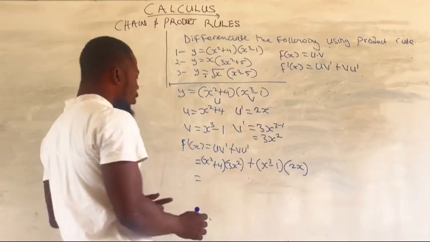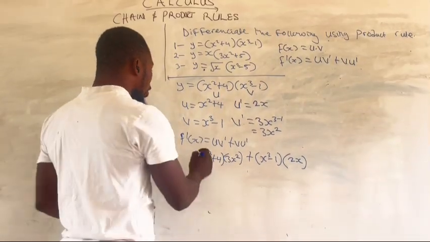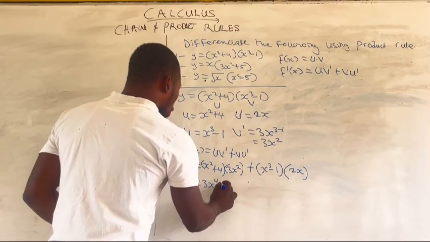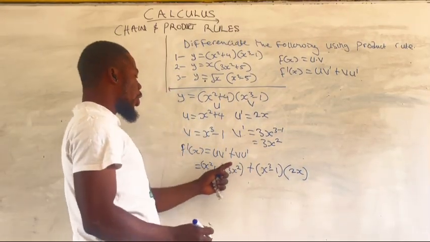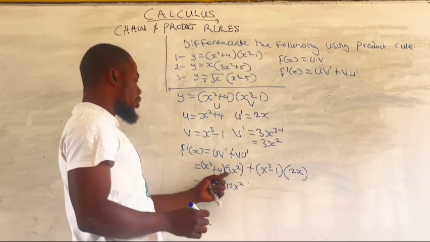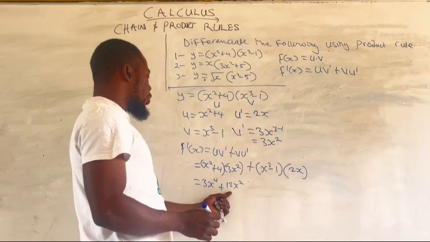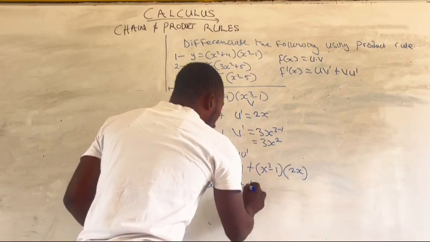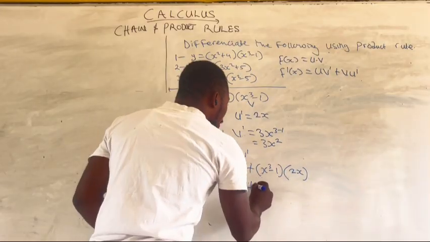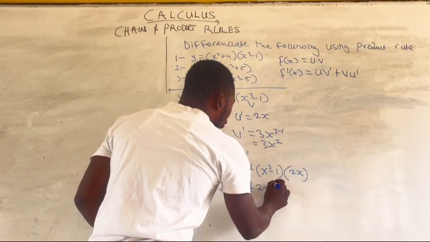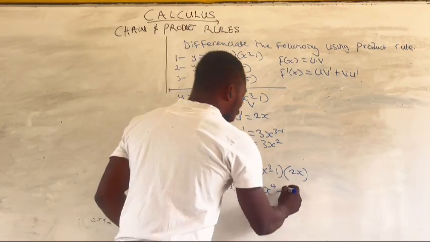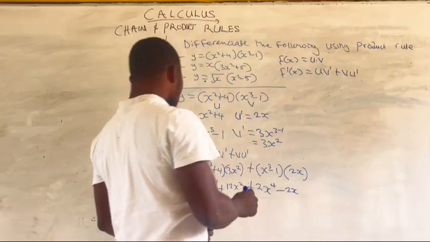Then we open the brackets. x squared multiplied by 3x squared gives 3x raised to the power of 4. Plus 4 times 3x squared gives 12x squared, because 3 times 4 is 12. Then x cubed times 2x gives 2x raised to the power of 4, then minus 1 times 2x gives minus 2x.